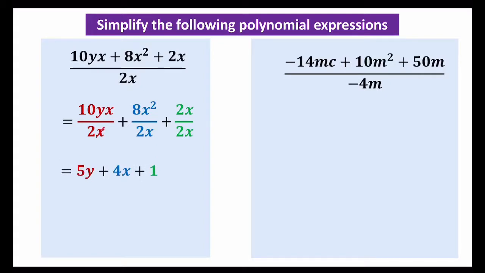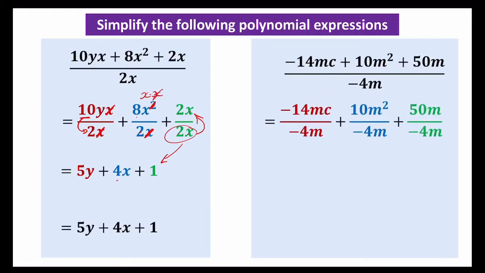So I knocked out this x here. I went 10 divided by 2, which gave us 5. I went 8 divided by 2, which gave us 4. Knocked out one of the x's there, right? Because there's 2 x's, and I just knocked one of them out. And then 2x divided by 2x. Well, how many 2x's fit into 2x? 1. There's our solution.